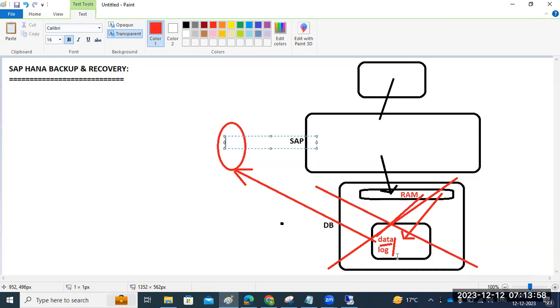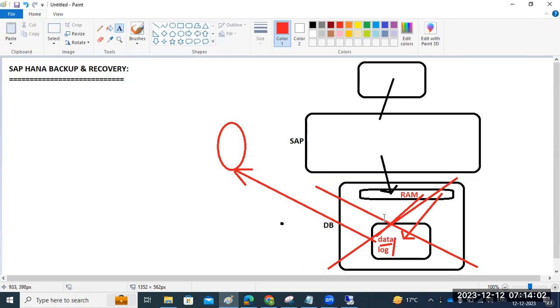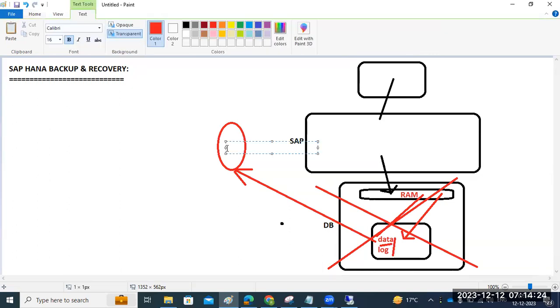Don't take the backup within the system. You have to take it outside of the system. Why? Because if you take it within the system and the entire OS is crashed, even the backups will be crashed and not readable. To avoid this type of data loss, we take the backup outside of the storage.